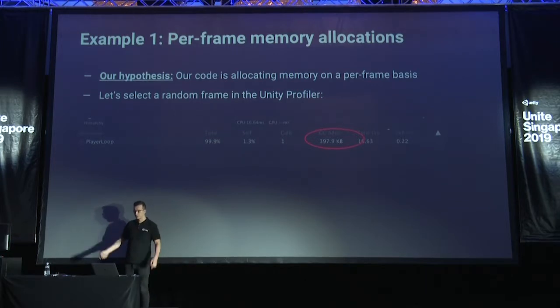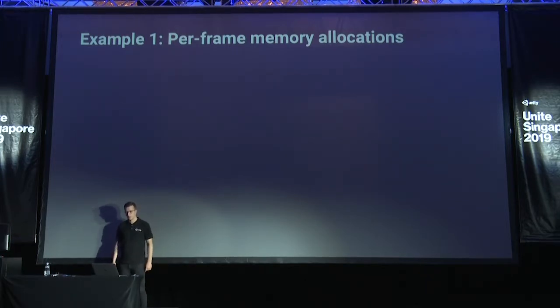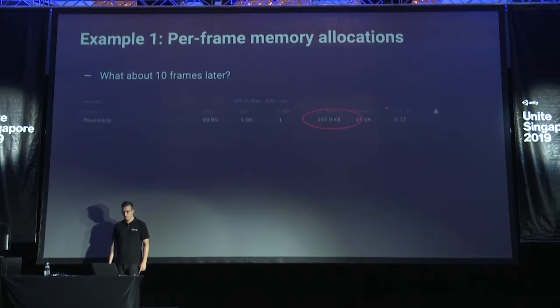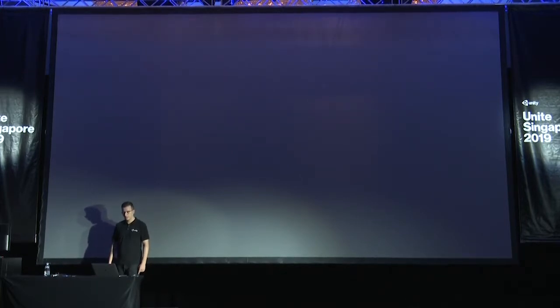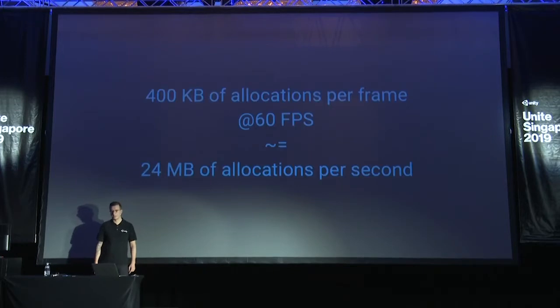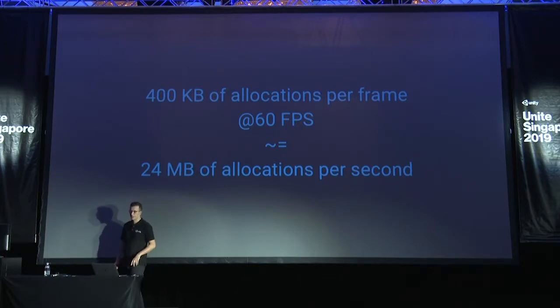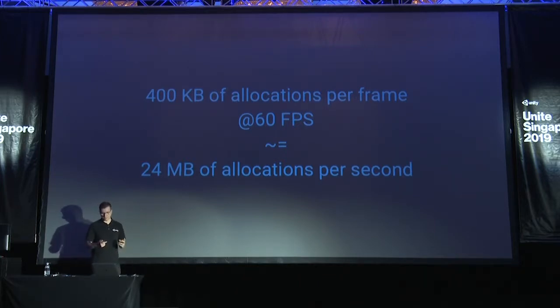What about 10 frames later? It's the same story. So what is happening here is that every frame we are allocating 400 kilobytes of data, and if we run our game at 60 FPS, we are going to do 24 megabytes of allocations per second, which is a really staggering number.